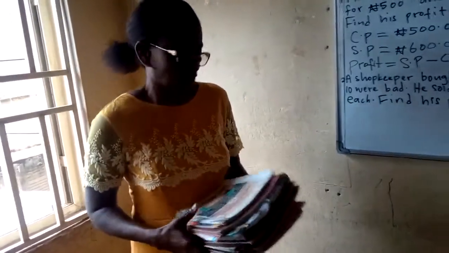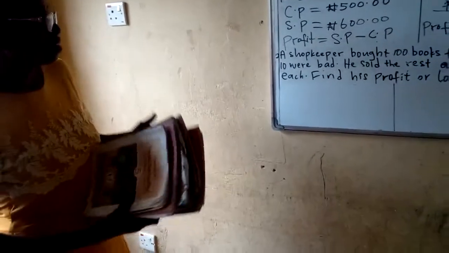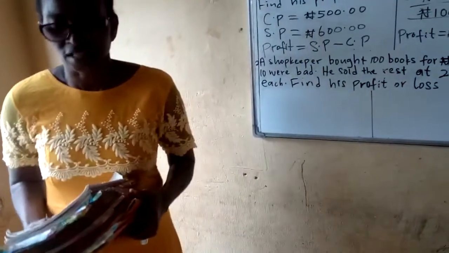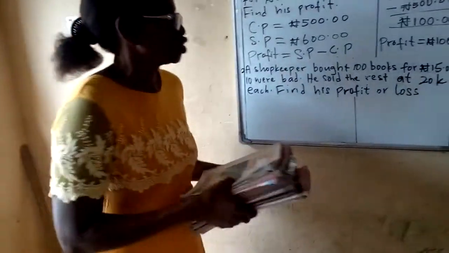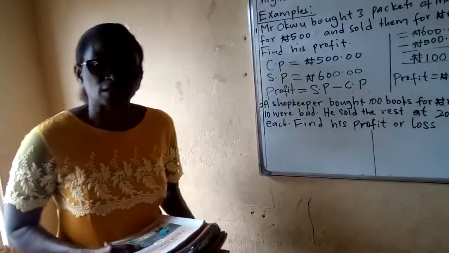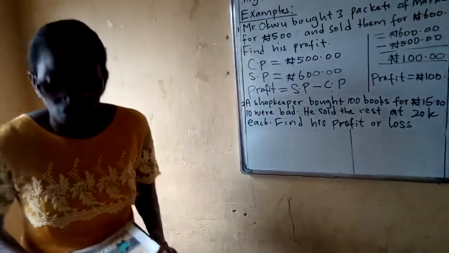They are up to 100 here. But out of this 100, 10 were burnt. And he sold the remaining 90 at 20 kobo each. Let's work it out and see whether he made profit or loss.